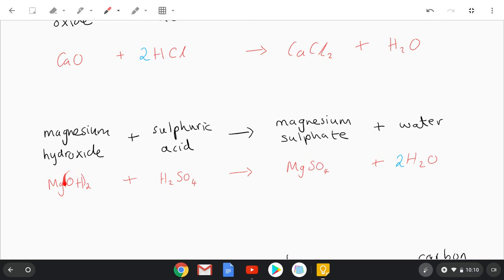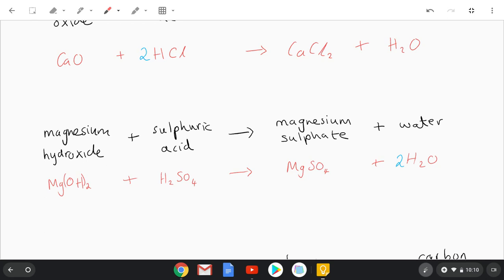We then come back to this bit here. That's oxygen, hydrogen, the hydroxide ion, but it's twice, double. So we've got two hydrogens, two oxygens. So what we need is an extra two hydrogens and an extra two oxygens.